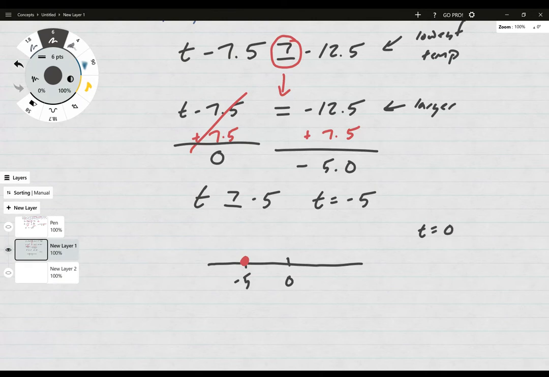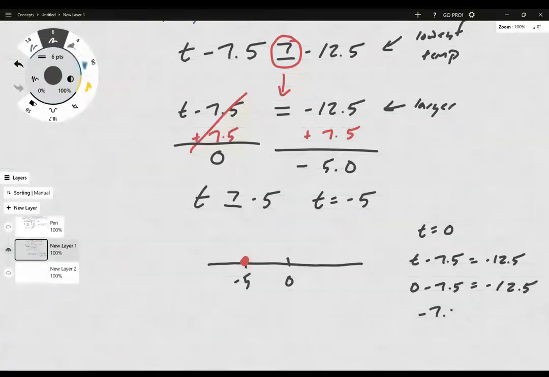We're going to test this point in my equation. So all I have to do is take my equation, t subtract 7.5 equals negative 12.5, substitute my t for 0, and so now it's 0 subtract 7.5, which is just negative 7.5.